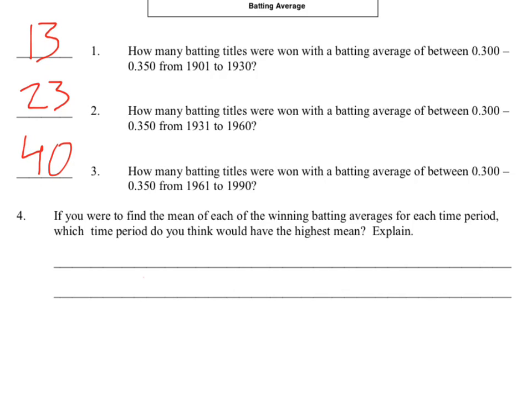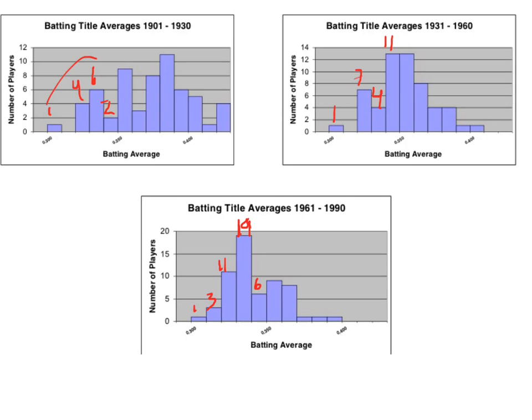Okay, if you were to find the mean of each of the batting averages for each time period, which time period do you think would have the highest mean? I would have to say it's 1901 to 1930, and there's quite a few things you can point at. For example, there are fewer numbers in those lower sections, and that would force the average to be higher.